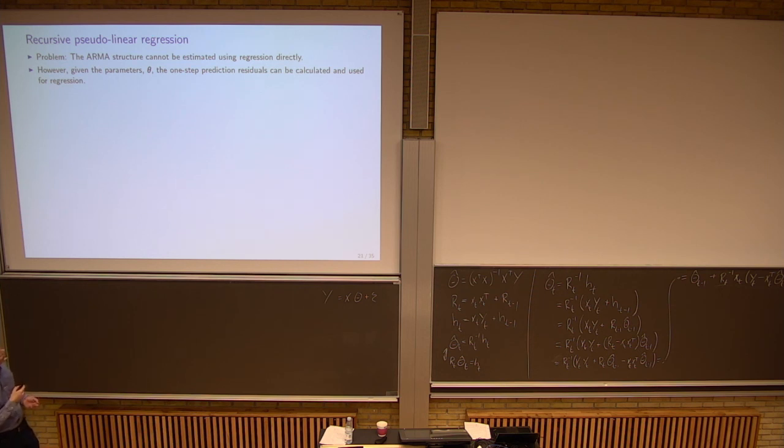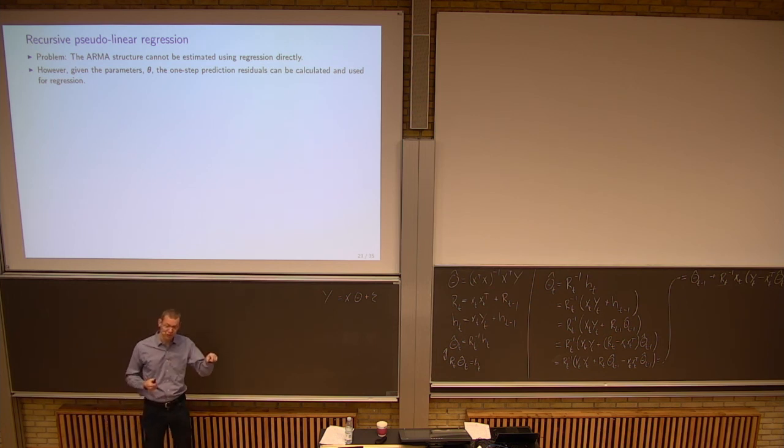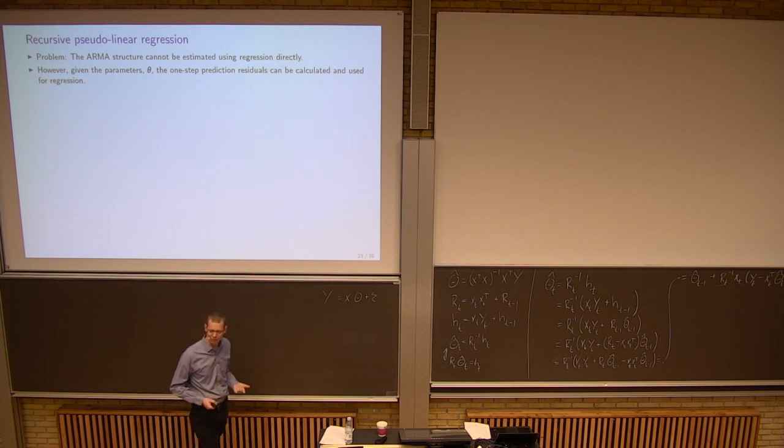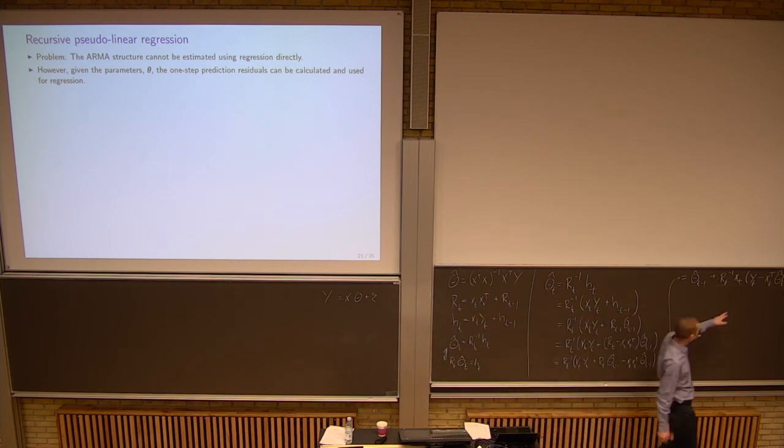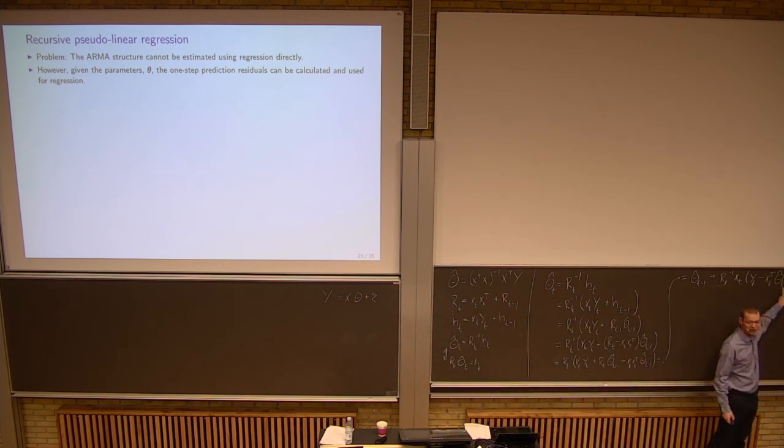Pseudo in the sense that we can use our previous prediction errors as the past epsilons. In the future, we can use previous epsilons as predictors. But they will be functions of the estimated parameters, because when you look at the prediction error out here, it depends on the actual parameters.